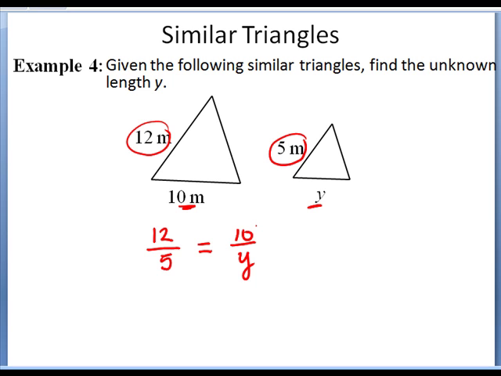You see the 5 and the y are the corresponding sides of the smaller triangle. This 5 and this 12 and 10 are the corresponding sides for the left side of the triangle. It's going to be a base here, 10, and y is the base.